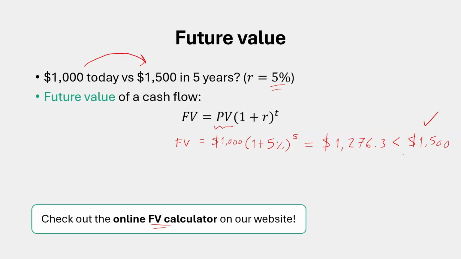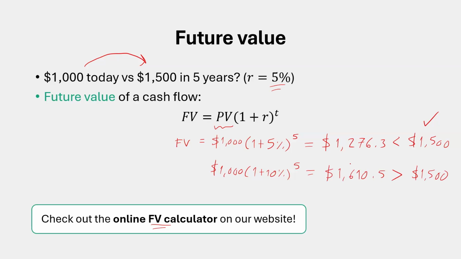Okay. But things could change with a different interest rate, right? So for example, suppose the interest rate is 10%. Now we can make the same computation using 10, and this time the future value would actually be 1,610. And now, as you can see, that is larger than 1,500.